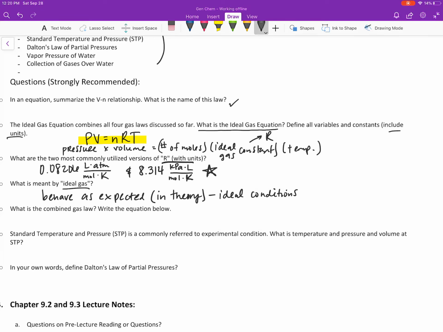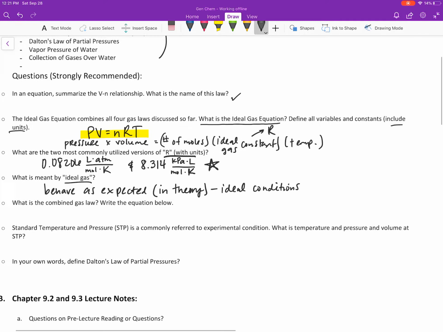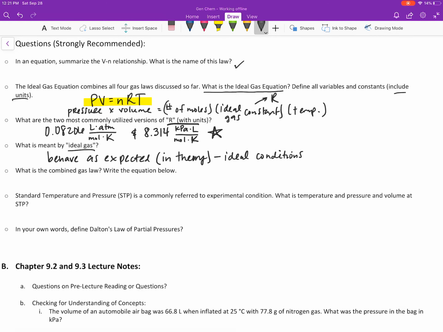Some of it is because of non-ideal conditions, and other of it is because of other aspects of gases that we're going to see with the kinetic molecular theory. Normally a question will say under ideal conditions or an ideal gas, and then you can usually apply PIV-NERT, Boyle's law, Charles's law, Mott's, and Avogadro's law.